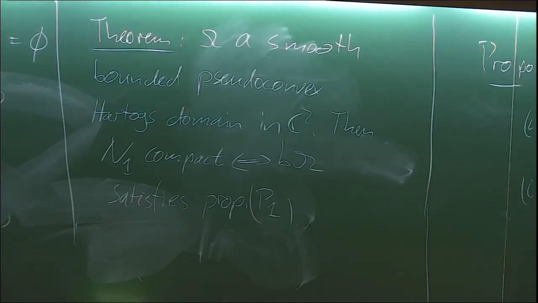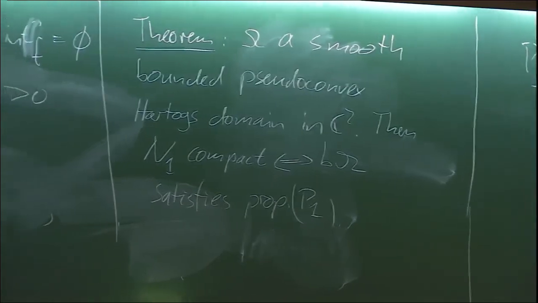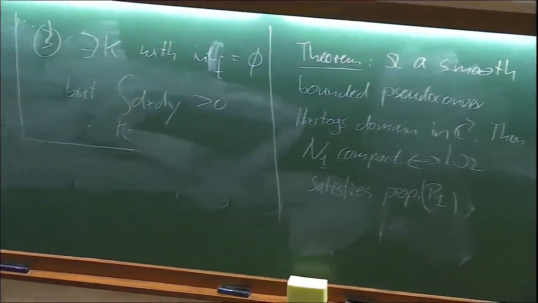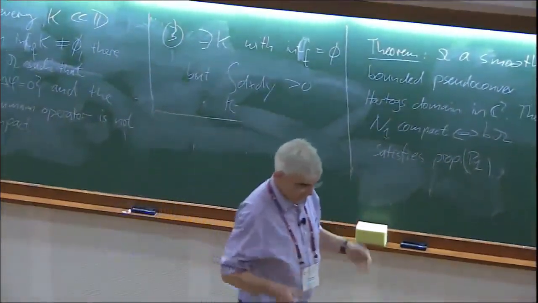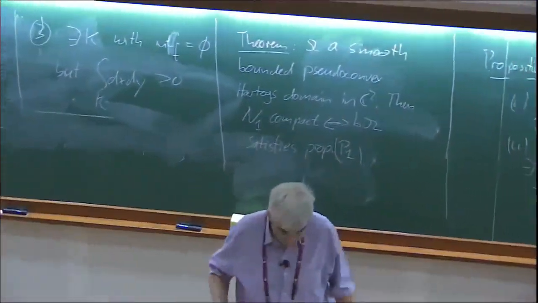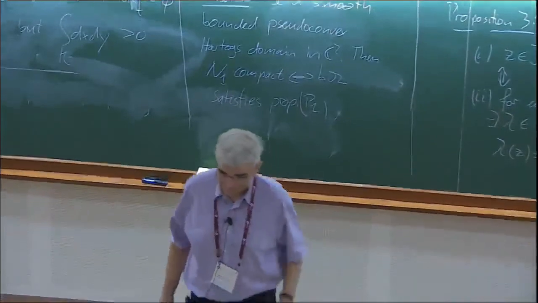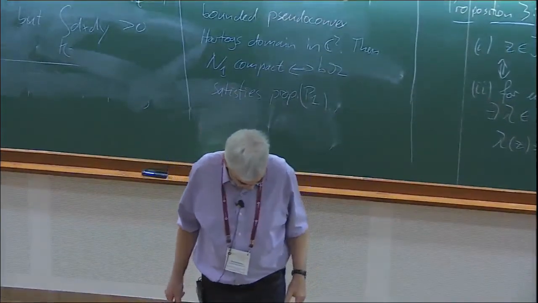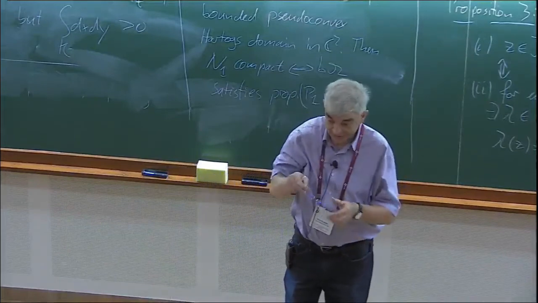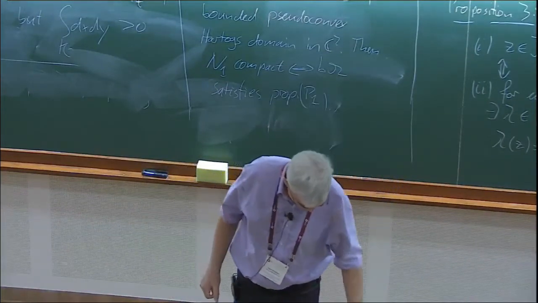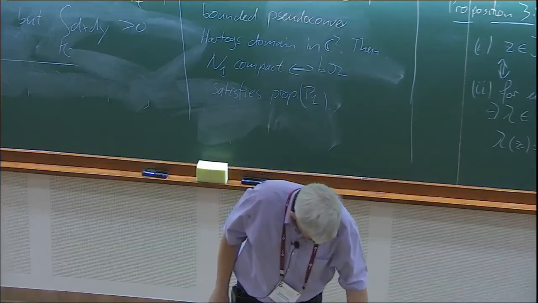In particular, the implications between compactness here and property P1 are related to what physicists call diamagnetism and paramagnetism. So it's just one of those things where the real world crops up in a problem in C2. All right.